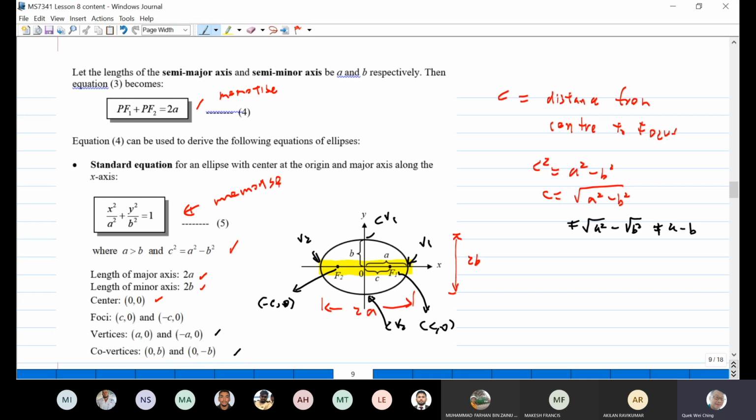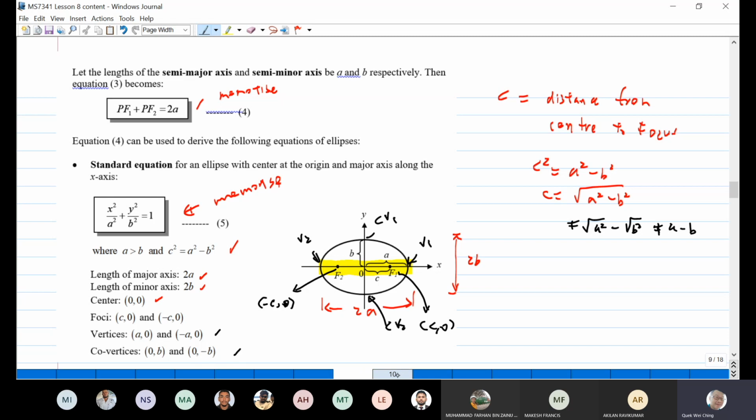So this is how the relation of the ellipse looks. This is an important diagram. You need to memorize it.